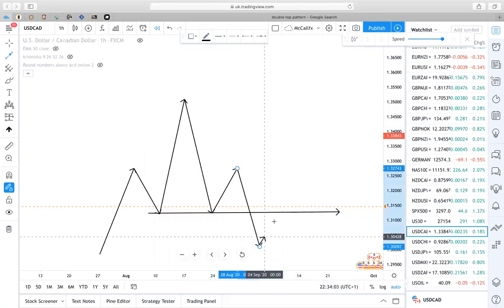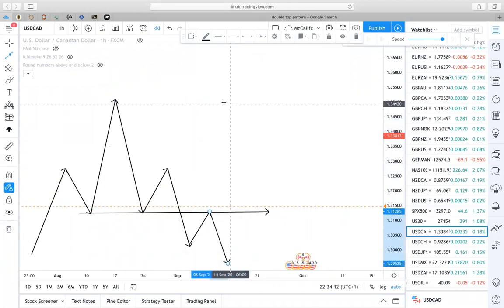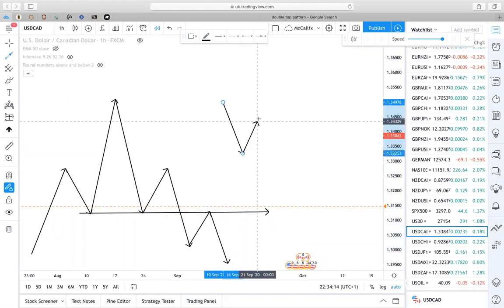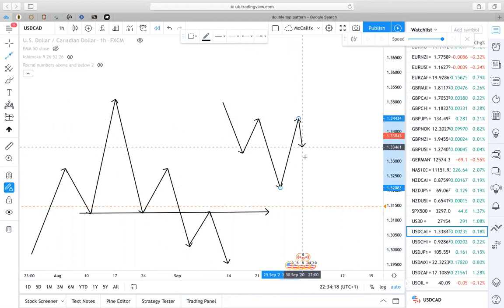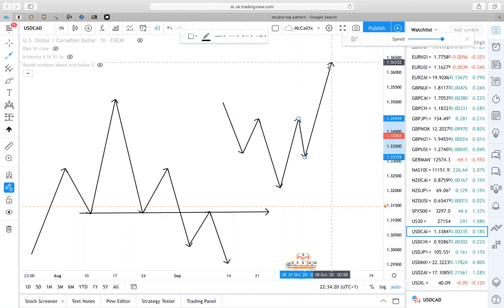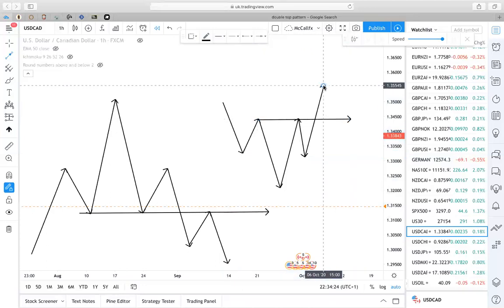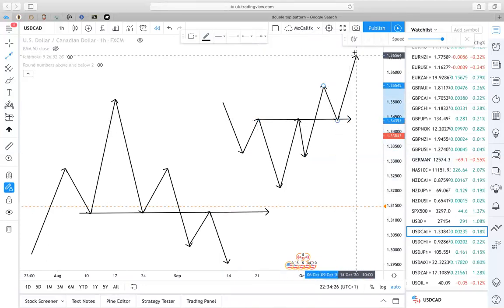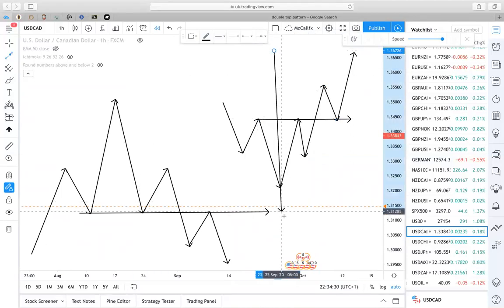If price gets to this line, then I'm expecting price to drop down, right? Vice versa. If price goes down like this, goes up, breaks this level, goes back into this level, comes back down, and goes down like this, right? This is my level. I'm expecting market to retest this, and I'm expecting a drop.